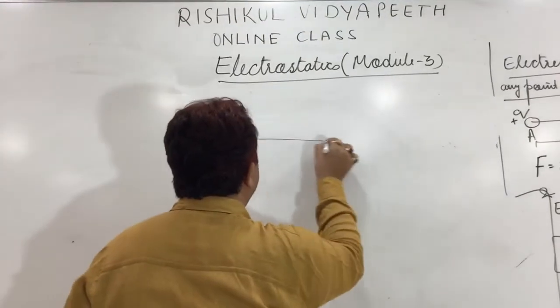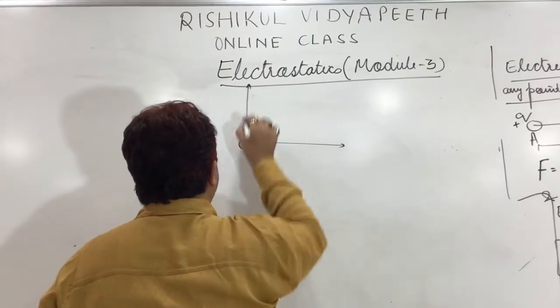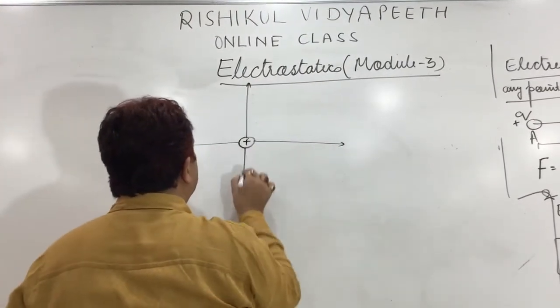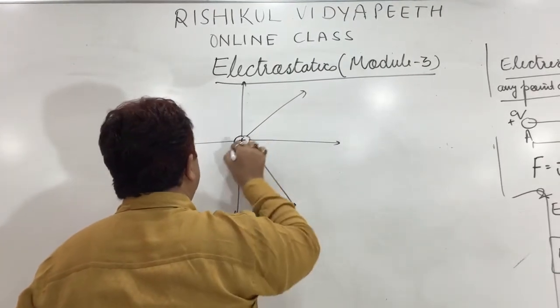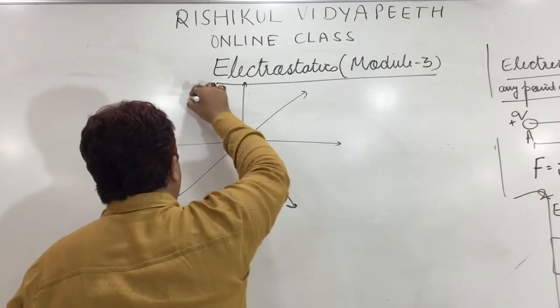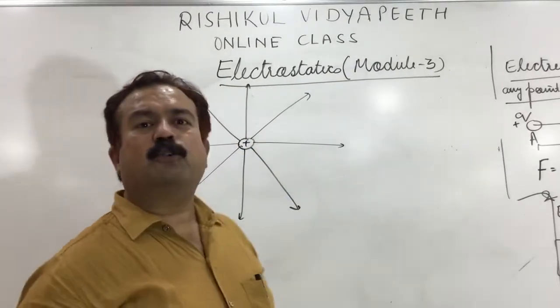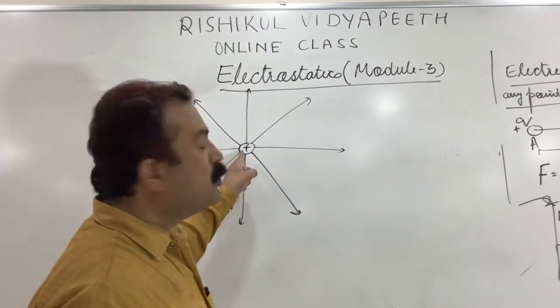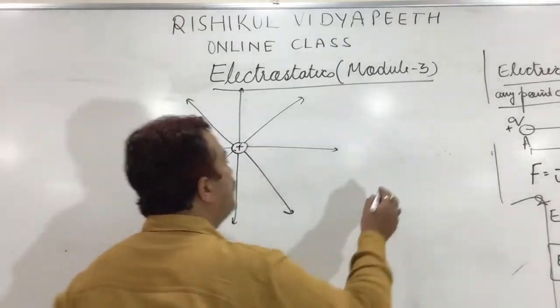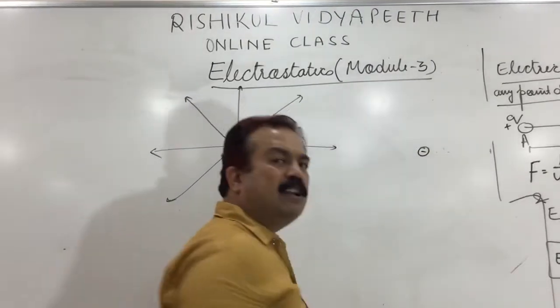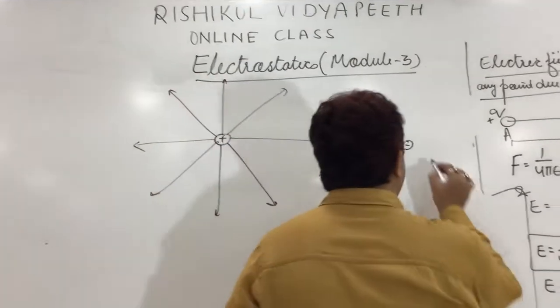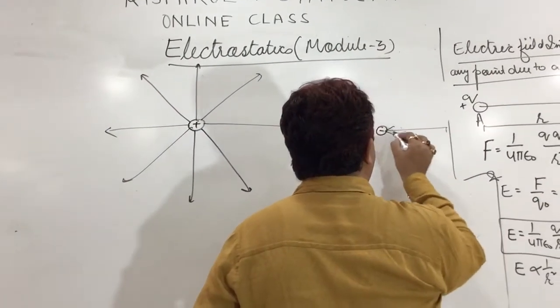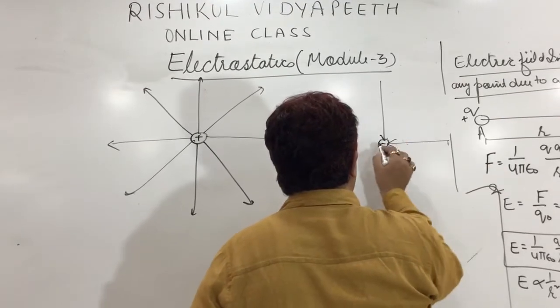Just like this you can show. This is representing electric lines of force due to a positive point charge. But if a negative point charge is present, then electric lines of force are radially inward.